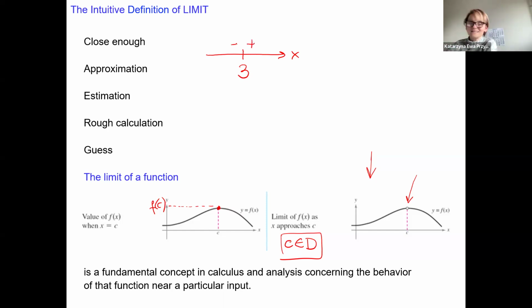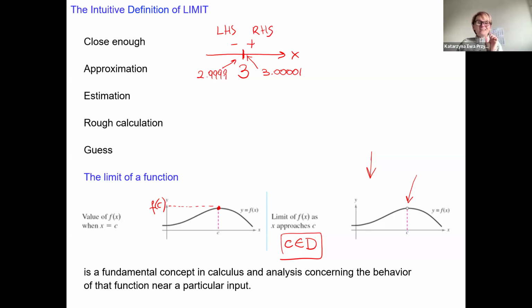This is the right-hand side, this is the left-hand side. Right-hand side of 3: we know that we are really close. 3.00001. And then on the left-hand side, 2.9999999. Okay, we know how.